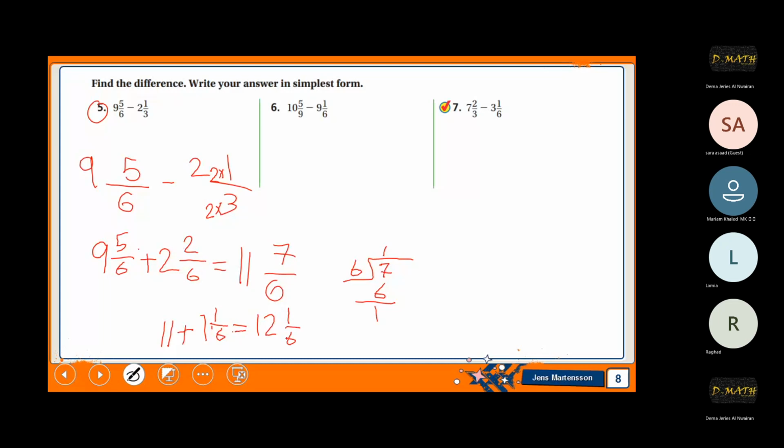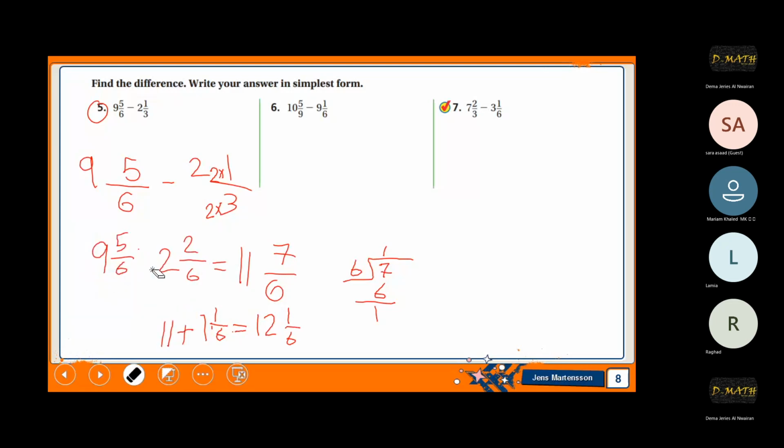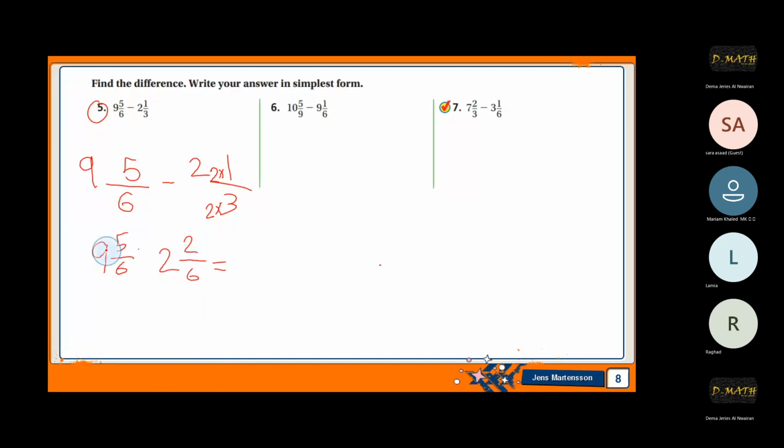Oh, okay, I'm sorry, I wrote it wrong. Here it's supposed to be subtraction. Yeah, continue.